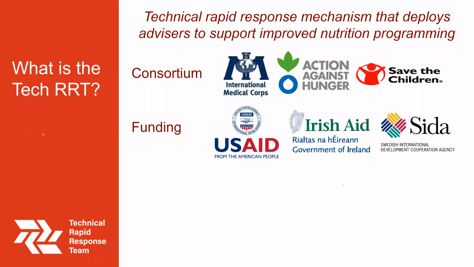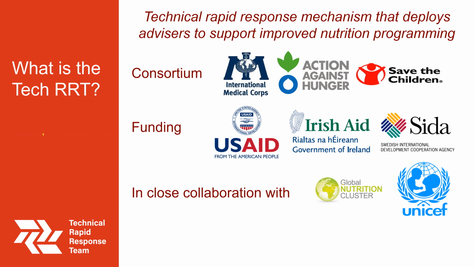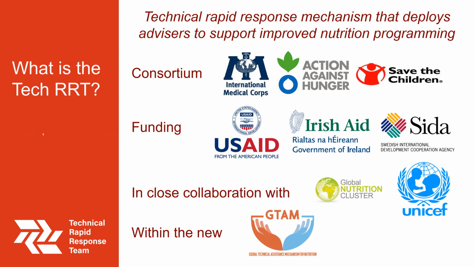We have funding from 3 main donors at the moment. Our original and biggest donor still is USAID through FDA. We have Irish Aid and CEDA who have come on board to complement the funds from USAID, which is very much appreciated from all the 3. We work in close collaboration with the Global Nutrition Cluster and UNICEF, and we are within the new Global Technical Assistance Mechanism for Nutrition.